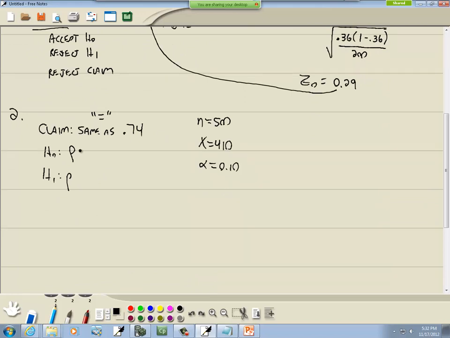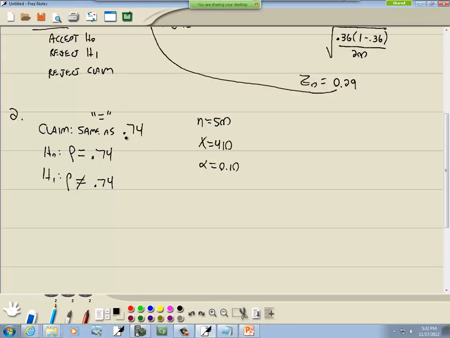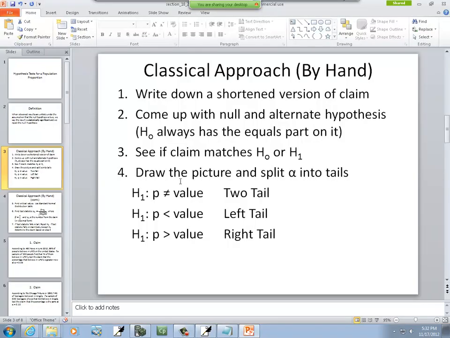Same as. Well, equals goes here, not equals goes here. 0.74 and 0.74. Let's see if the claim matches H naught or H1. Well, this is equals, so that matches H naught. Okay. Draw the picture.